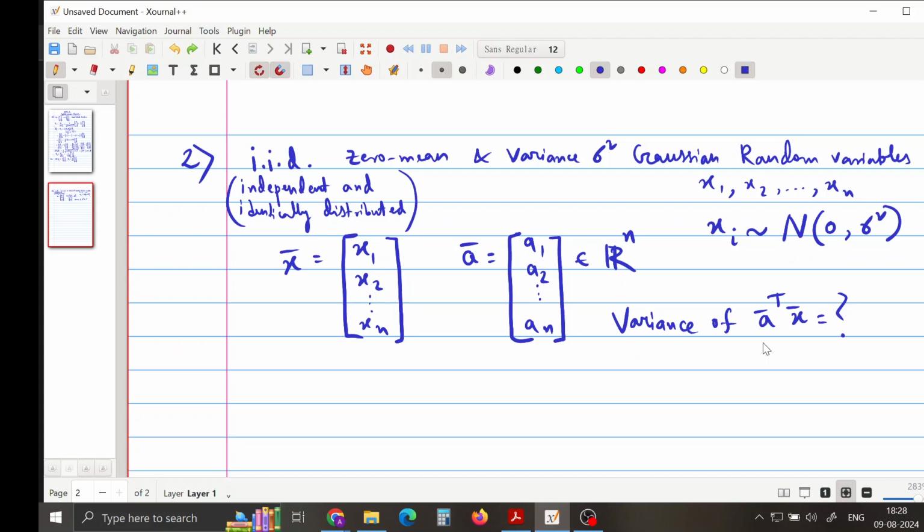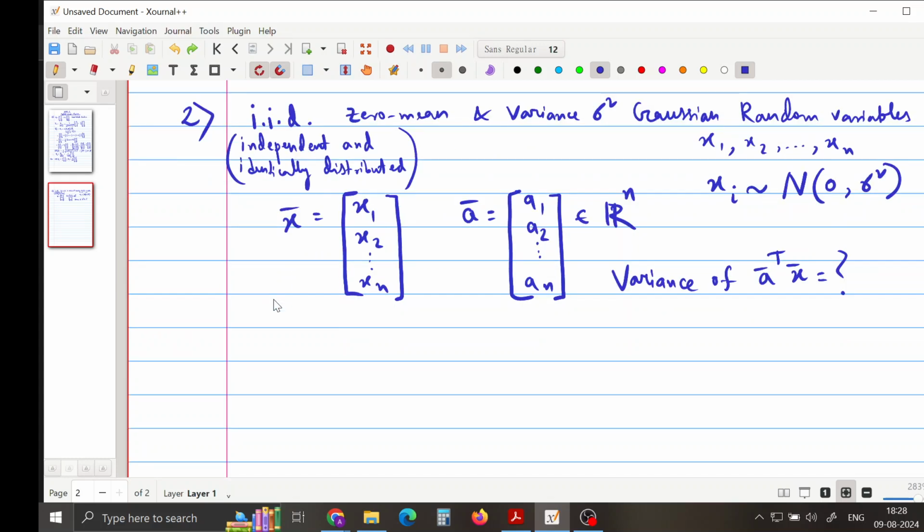A and X are individually vectors, but you take A transpose, so it becomes a row vector, 1 cross n, and X bar is n cross 1. So their product is the inner product, a 1 cross 1 scalar, which is A1 x1 plus A2 x2 plus so on till AN xn. It's a linear combination of the Gaussian random variables where the weights are A1, A2 and so on till AN.